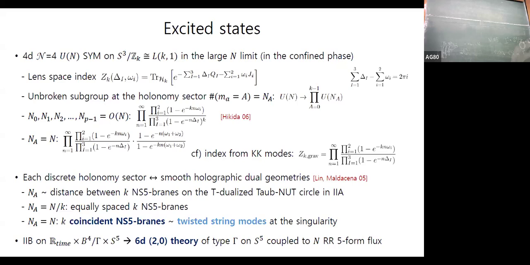Can I go continuously from a sector with charge 1 to a sector with charge 0? No, you can't. Okay, so it's topologically protected. So there should be some clear way. I also always wondered whether we can see this discrete holonomy from the bulk, but at the moment we don't know.